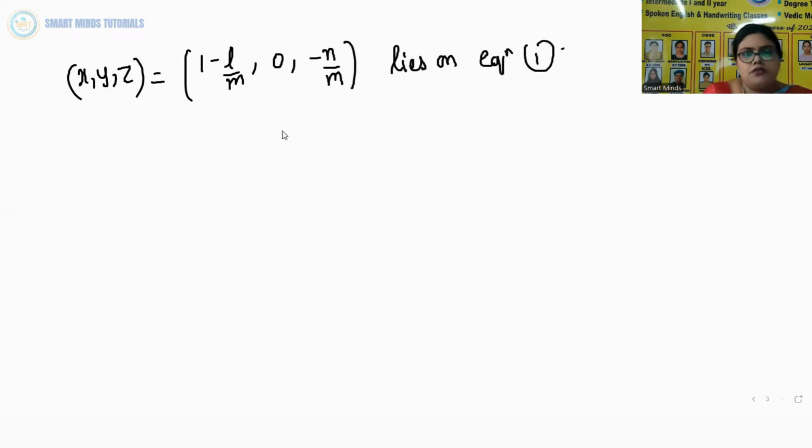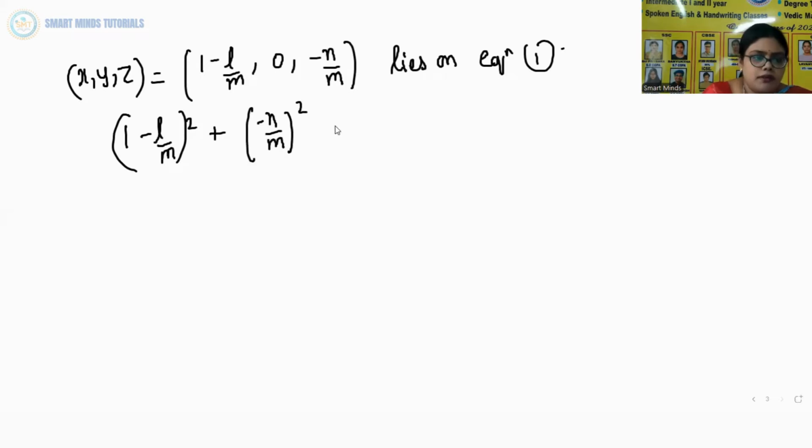So these values we have to substitute in equation number 1. So 1 minus L by m whole square plus minus n by m whole square is equal to 4. Open the brackets, a minus b whole square: a square plus b square minus 2ab. So 1 plus L square by m square minus 2L by m plus n square by m square is equal to 4.